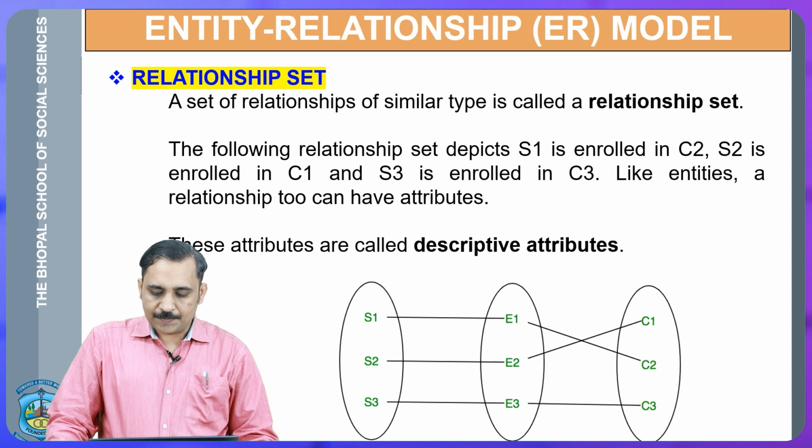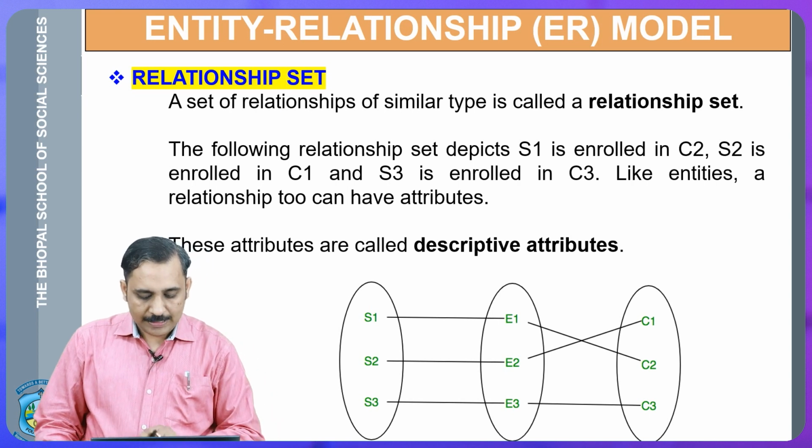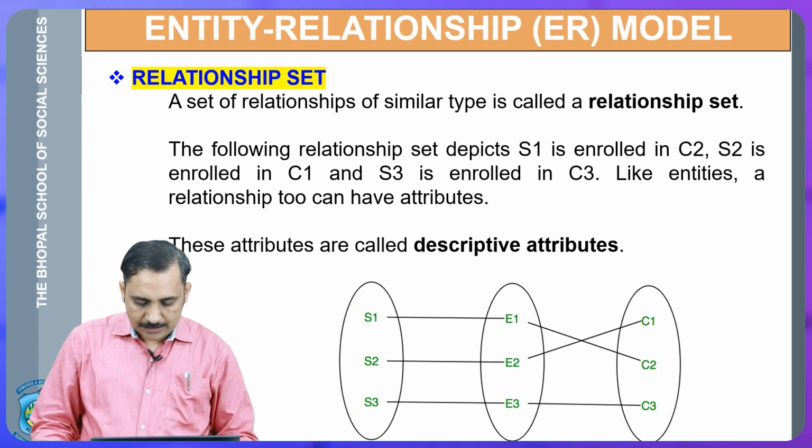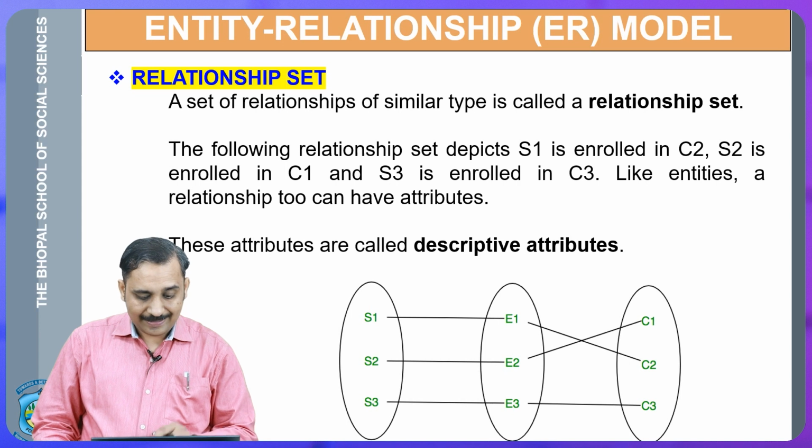S1 is enrolled in course C2, S2 is associated or enrolled with C1, and S3 is enrolled in C3.